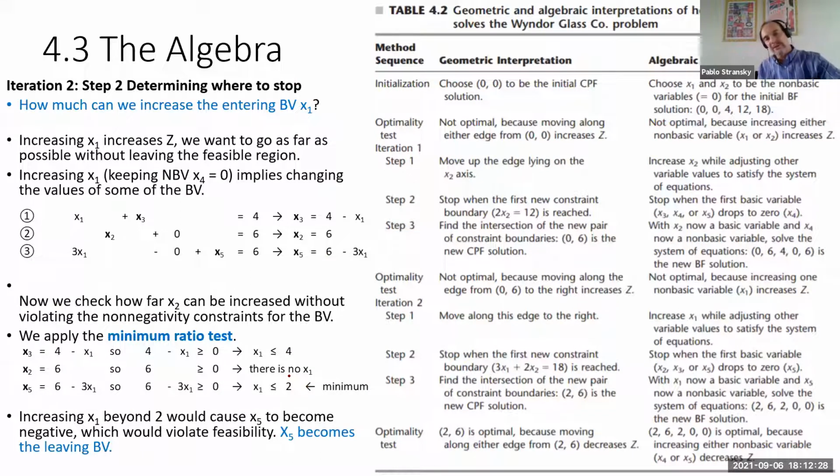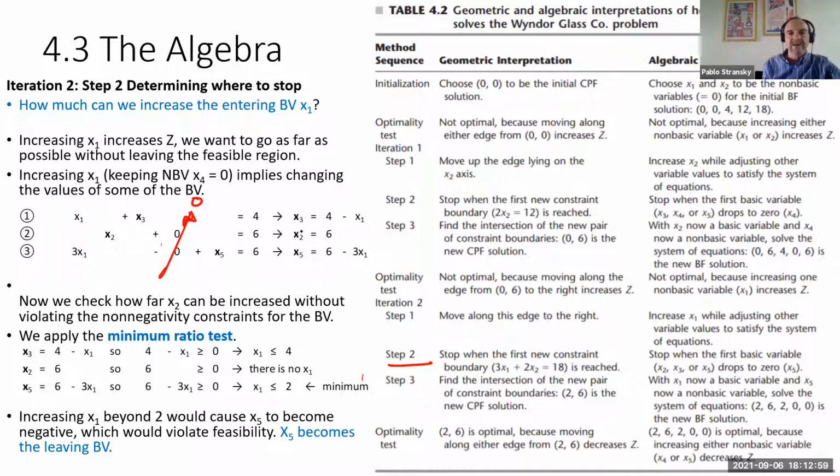Now, determining where to stop, step 2. Here we're going to apply again the minimum ratio test. So first, what we're going to be doing is defining the values for x3, x2, and x5. Here we know that x4 is equal to 0, so all the x4 terms become 0.